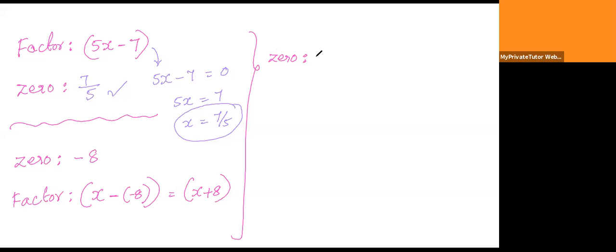Last question maybe. So 0 is, let's say, 5 by 2. Yeah, that's fine. Go ahead, guys. 5 by 2, maybe 5 by 4. Please find the factor, guys. What is the factor?